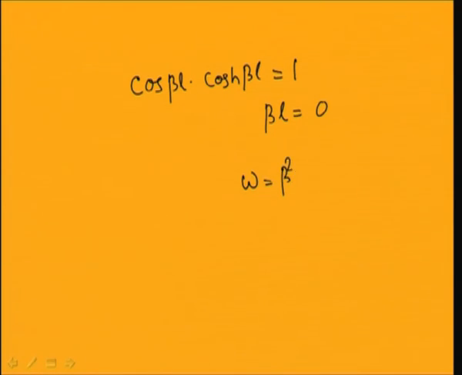For the first mode, you can find βL equal to 0. Just see this expression, cos(βL) cosh(βL) = 1. When βL equal to 0, you can see that this is equal to 1, so the expression is valid. βL equal to 0 corresponds to the rigid body motion, as we already know the formula for omega: omega equals β squared L squared root over EI by rho L fourth.